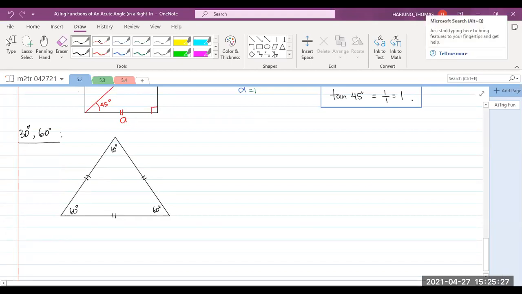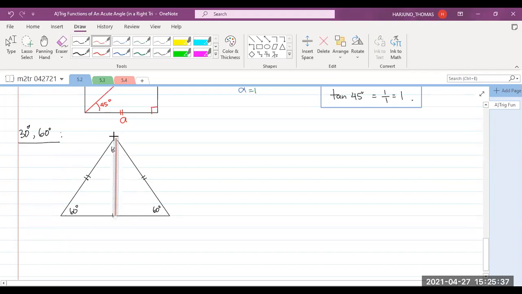Now then, what we will do is the angle bisection from the top vertex. And from geometry, we learn if you do angle bisection in an equilateral triangle, that angle bisection will also be the perpendicular bisection. And therefore, the angles here become 30 degrees, 30 degrees. And this segment here must be the altitude.